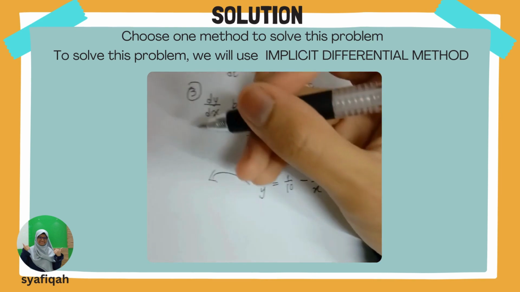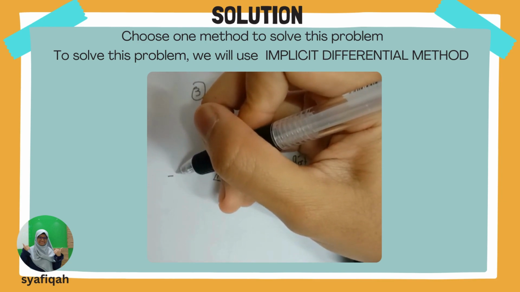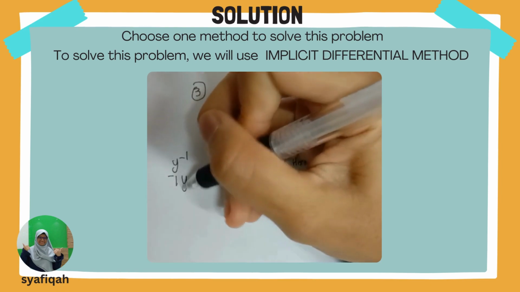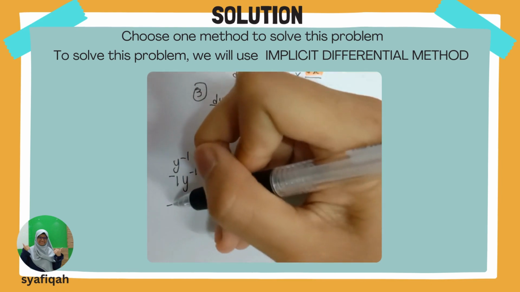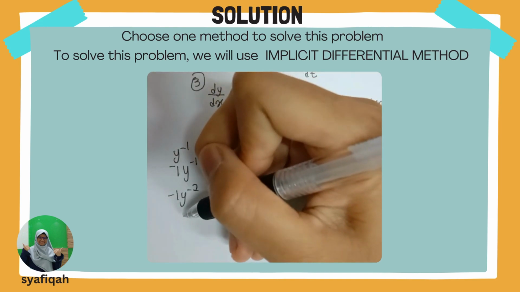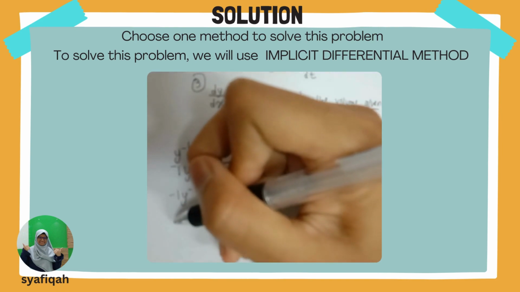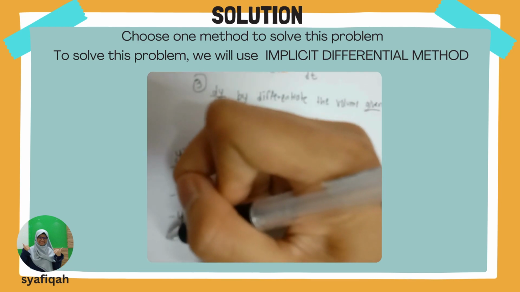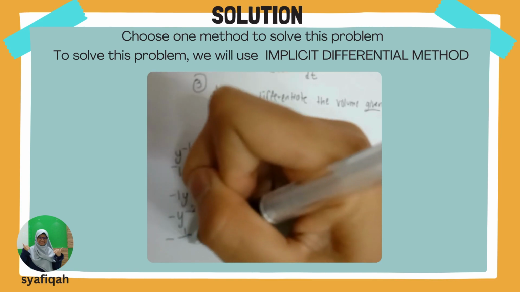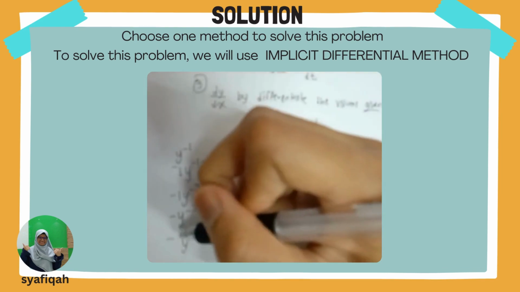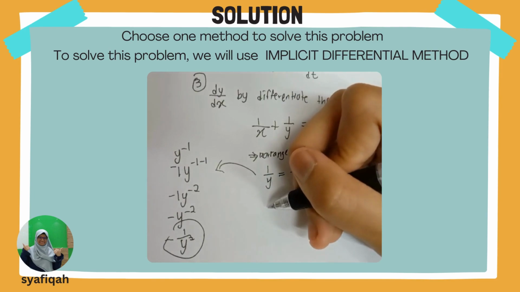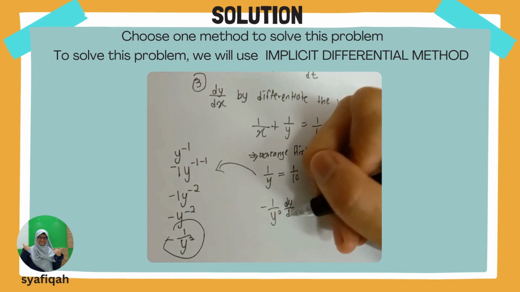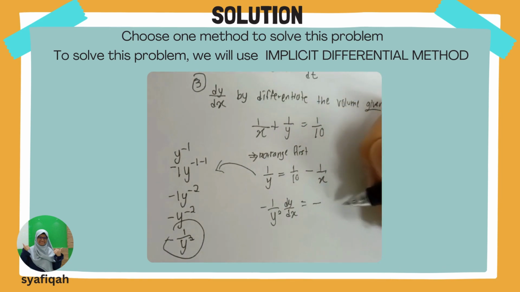We need to differentiate 1 over y, which is y to the power of negative 1, equals negative 1 times y to the power of negative 1 minus 1, and that leaves us with negative y to the power of negative 2. And the last equation is negative 1 over y squared, and the same applies for dx.